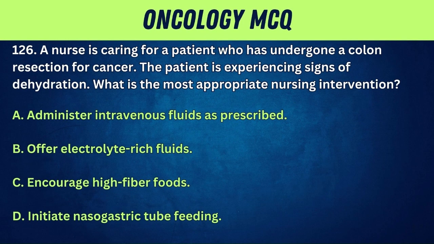126. A nurse is caring for a patient who has undergone a colon resection for cancer. The patient is experiencing signs of dehydration. What is the most appropriate nursing intervention? A. Administer intravenous fluids as prescribed. B. Offer electrolyte-rich fluids. C. Encourage high-fiber foods. D. Initiate nasogastric tube feeding.